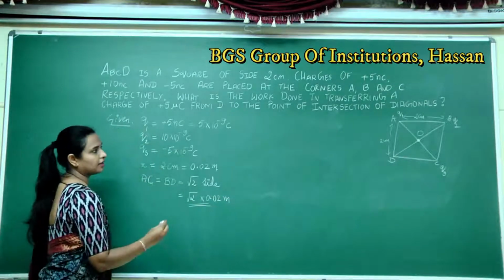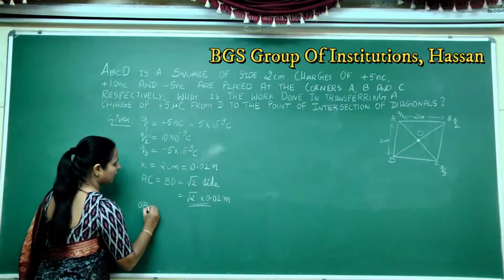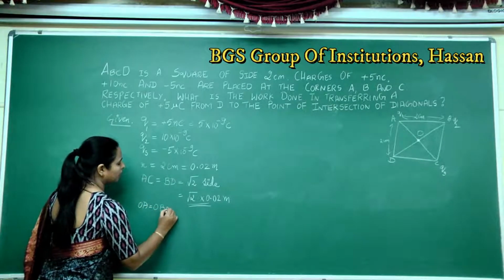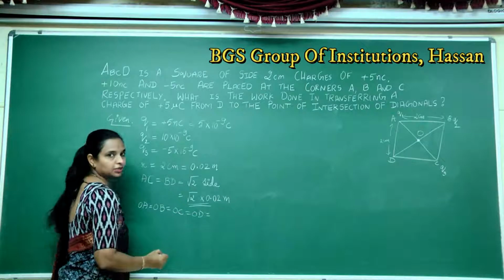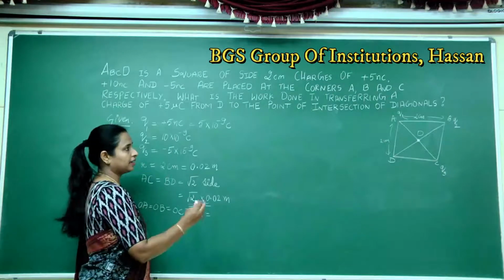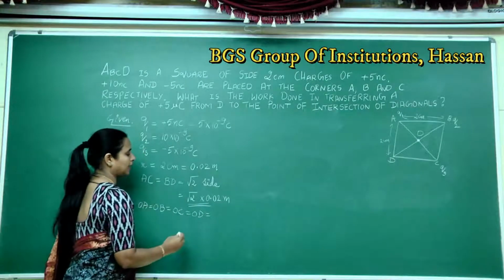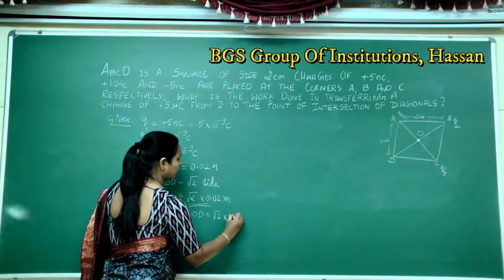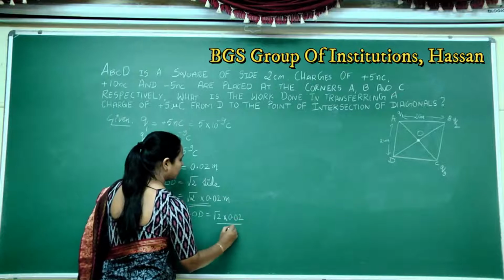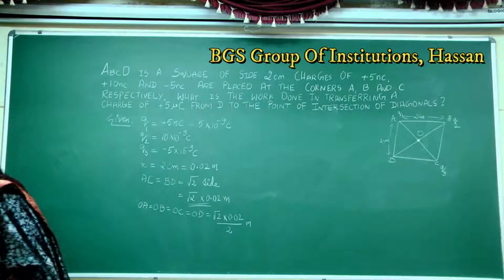And how to calculate the half of the diagonal? It is OA equals OB equals OC equals OD. Because it is a square, diagonals will be equal and half of the diagonal will be same. Root 2 into 0.02 divided by 2 meter, half of it.